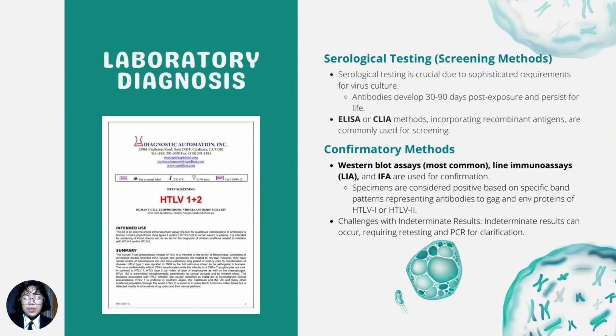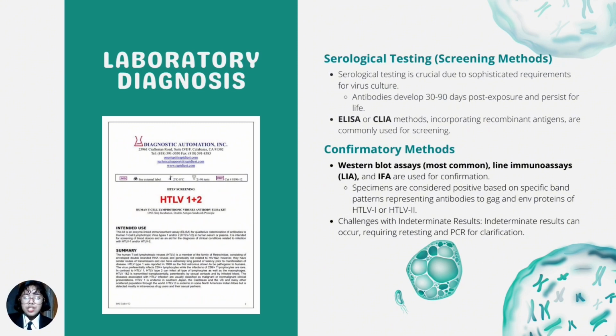The tests most commonly used for screening are ELISA or CLIA methods that incorporate recombinant antigens or synthetic peptides from both HTLV1 and HTLV2. Now, when it comes to confirmation, commercially available Western blot assays are the ones that are most commonly used. Aside from this method, line immunoassays or LIA and IFA tests have also been developed.